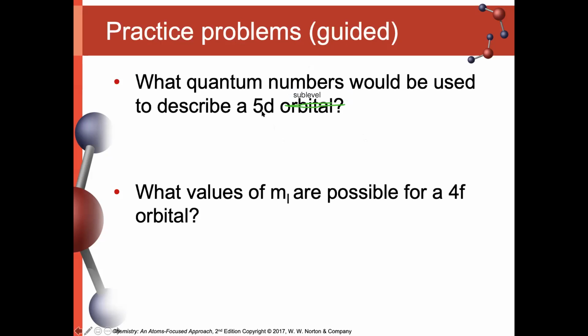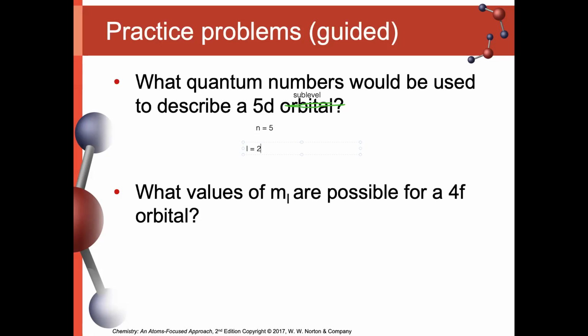If we're describing the 5D sublevel, we have to know that we're looking at 5 and D. And so the 5th energy level would be described by n equals 5. The D sublevel would be described by L is equal to 2, because the number 2 corresponds to the D sublevel.